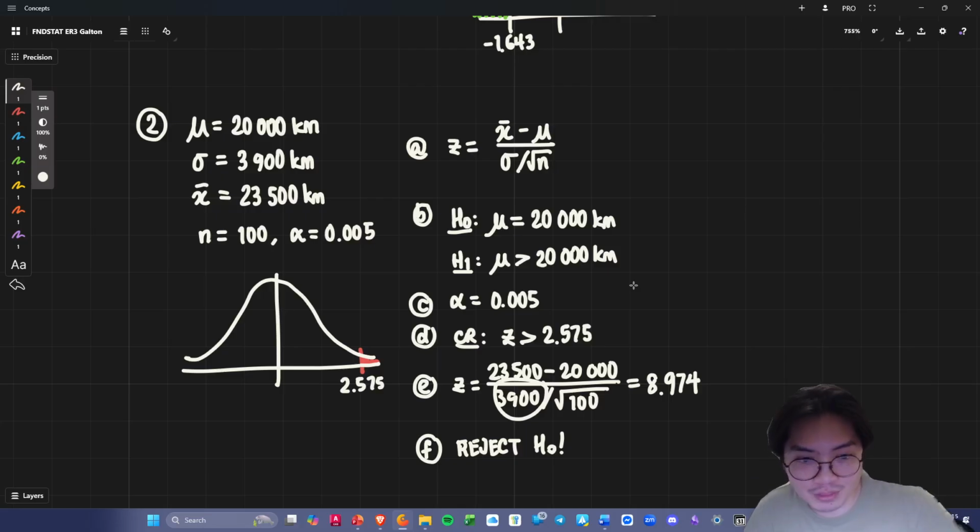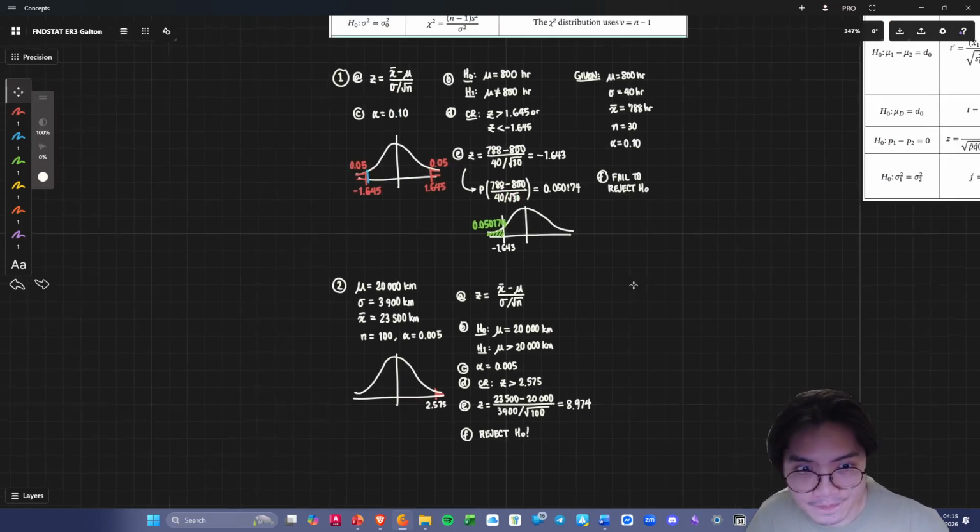It can't just be random chance. Or if it is random chance, it's really, really rare. We have enough evidence, or rather, we are pretty sure that we are more than 99.5% correct. This is the conclusion to be had.